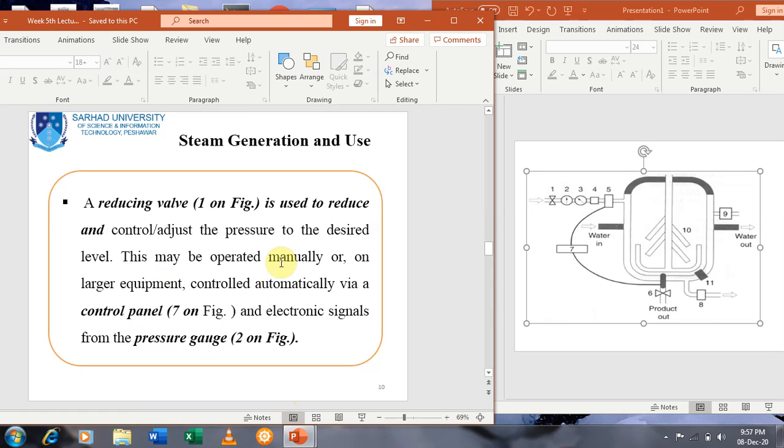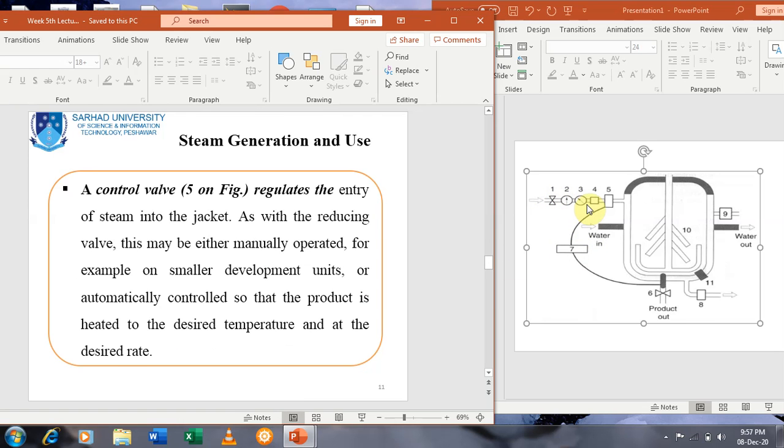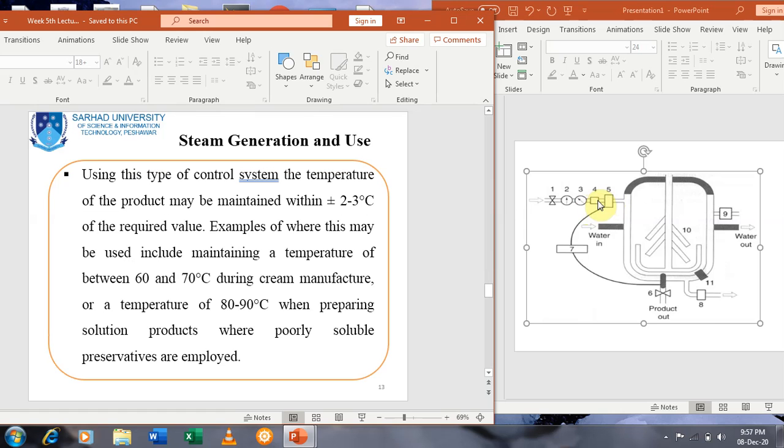And there are different parts we have discussed in detail. That is the first one, the reducing valve and control panel 7, and pressure gauge 2, control valve 5, and safety valve, that is 4, and the safety valve is positioned before the control valve.